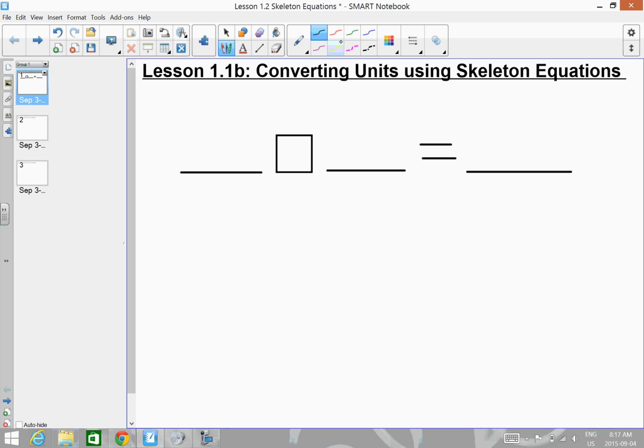In this first blank, that is where you're going to put whatever the number from the question is. So this one is from the question. In the second blank here, that is going to be a number from your formula sheet.